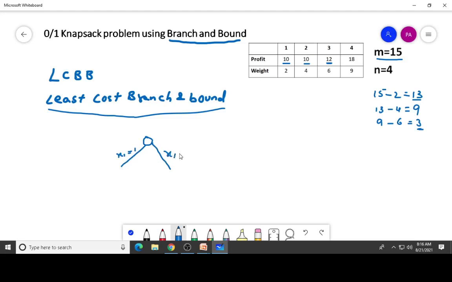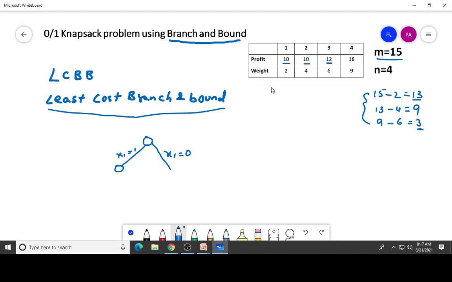The other is x1 equals 0. What does it mean by x1 equals 1? It means we are adding it in the box, because we are adding the 3 items. So whenever you add any one of the items, you should write the 1. If you are not adding the item, you should remove the item.